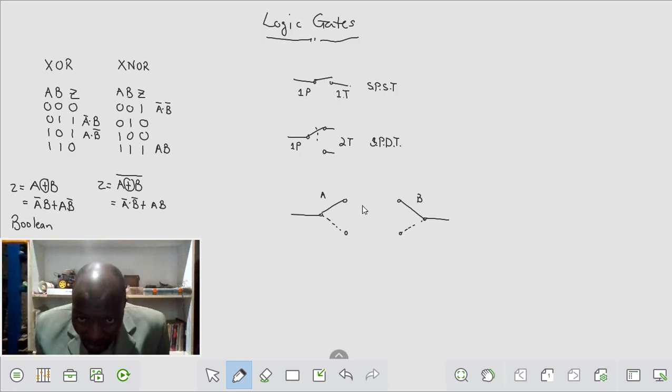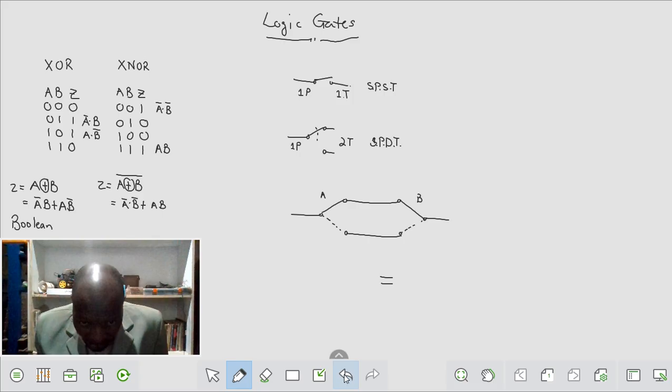So there are two ways of connecting these switches. Either we connect through an equal sign or through a times sign.